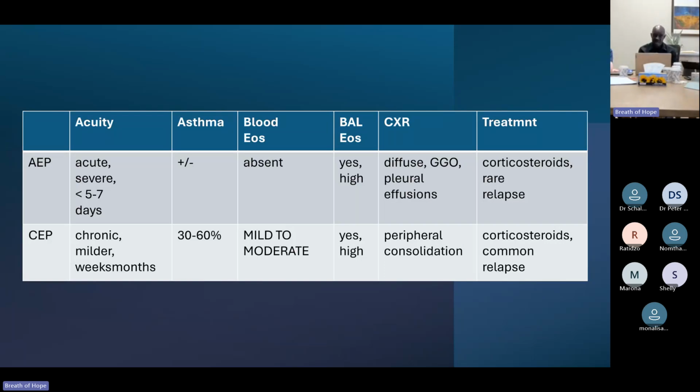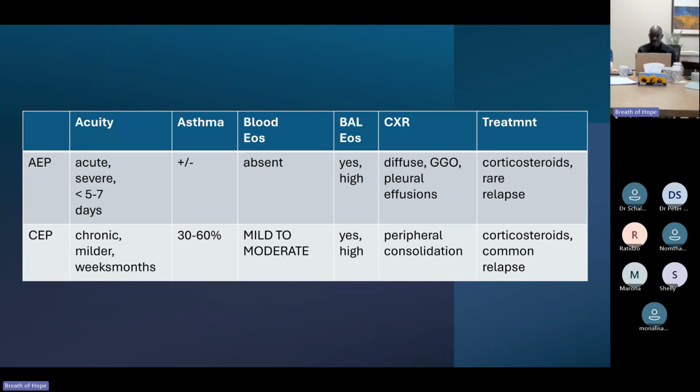Asthma would be present in some of the acute cases, but in most cases, probably none, while in the chronic it tends to be about 30 to 60%. Blood eosinophilia is absent in acute eosinophilic pneumonia, which makes it difficult to diagnose within the general practitioner or even physician rooms, but it tends to be more of a pulmonologist diagnosis, and in chronic it is mild to moderate.